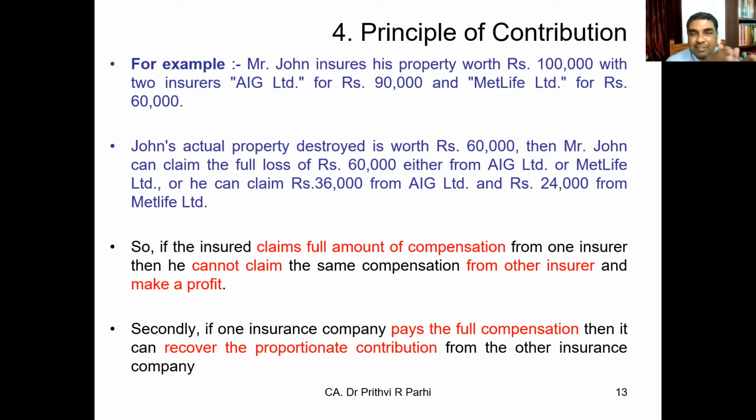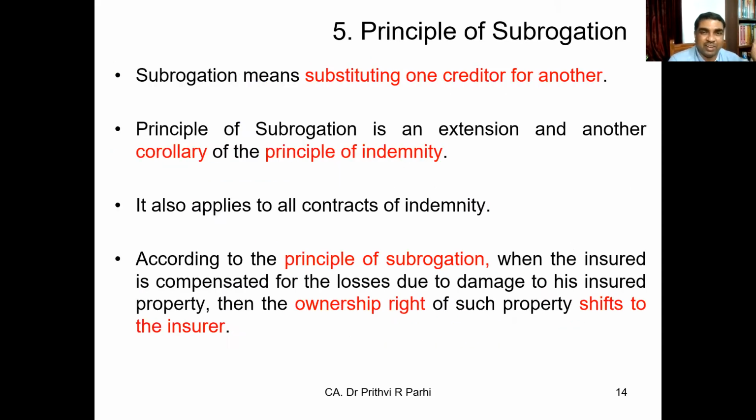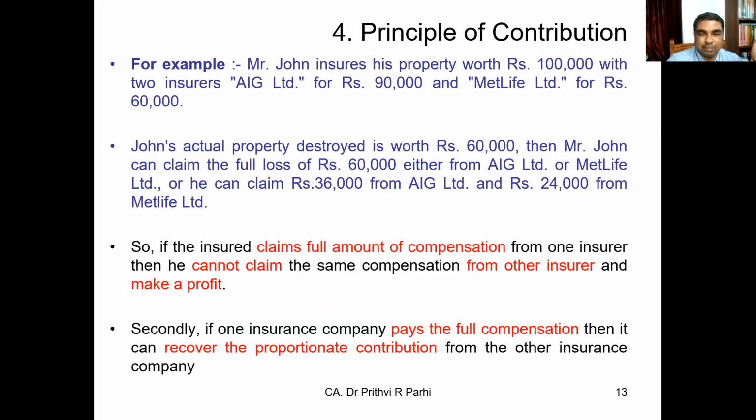The 60,000 rupees can be claimed in any proportion, 40-20, maybe 30-30, or the entire 60,000 from one company. So like this, one can claim either from one company or from both companies proportionately, or in any proportion. This is the principle of contribution. Right? Is this example clear to you?